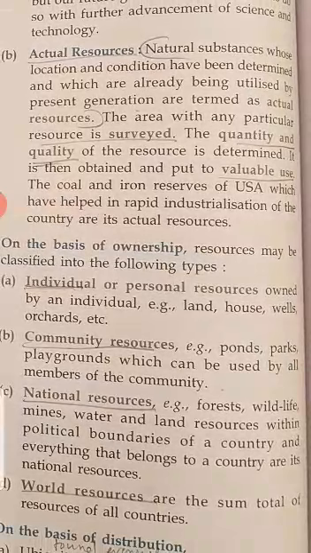The quantity and quality of such mineral is looked up, and then it is obtained and put into valuable use. Then we see how we will be using it, and whether it will be useful for us more or less.